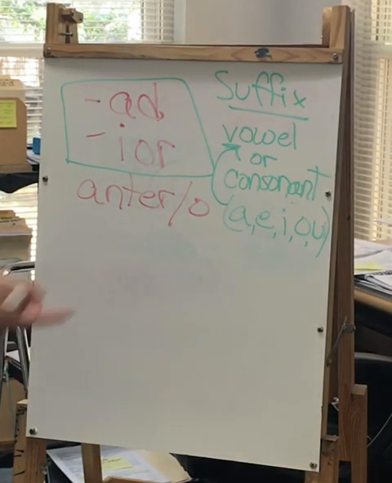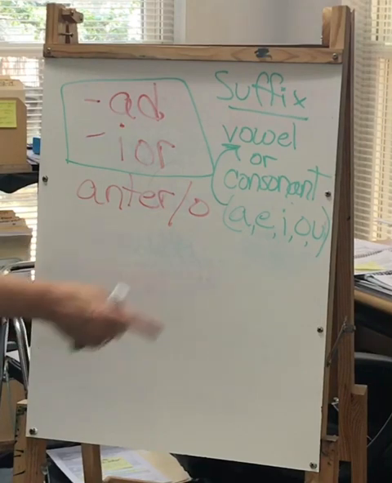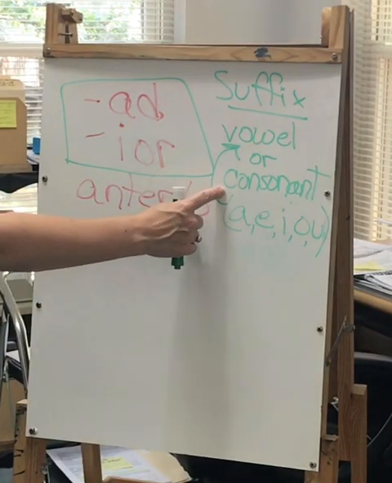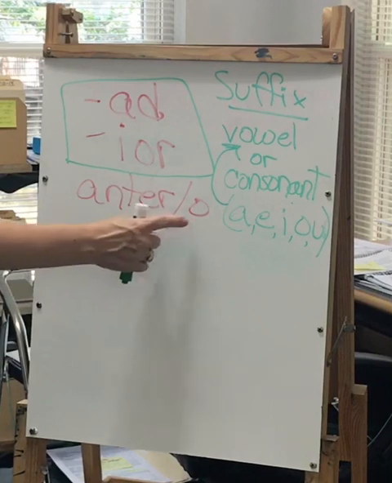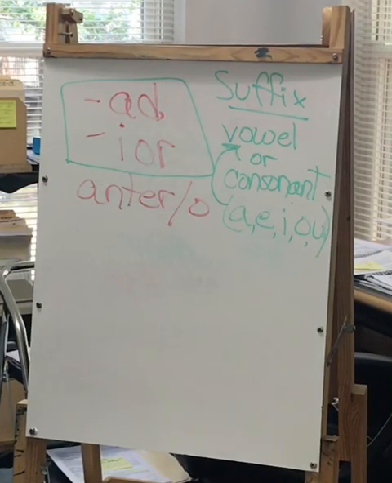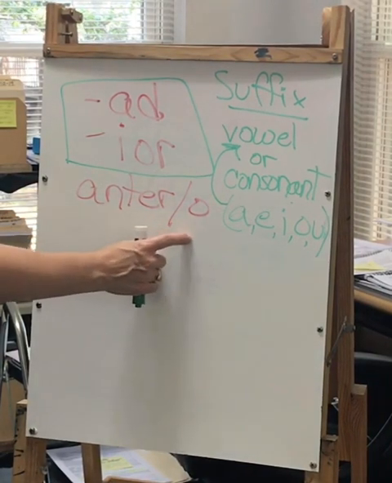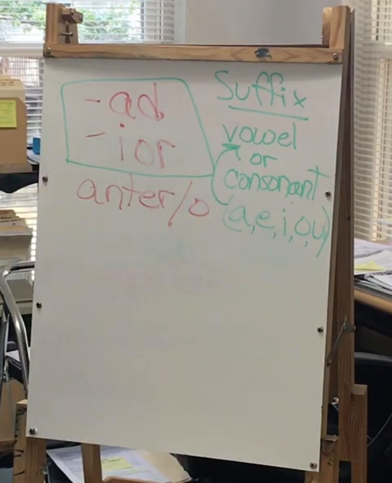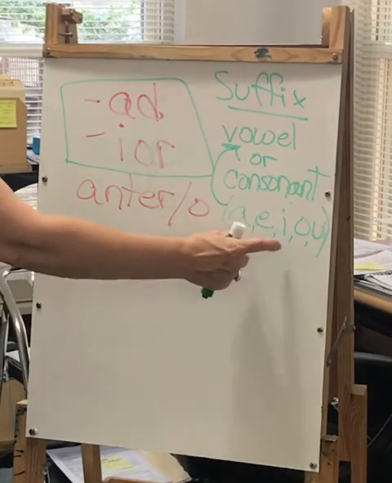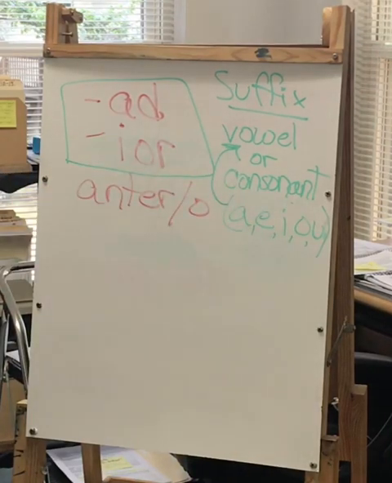However, if the suffix you're putting on begins with a consonant, you do want to use the O. So it would be antero, whatever the suffix is, as long as the suffix began with a letter that wasn't A, E, I, O, or U. Okay? So, let's look at a couple for instances here.